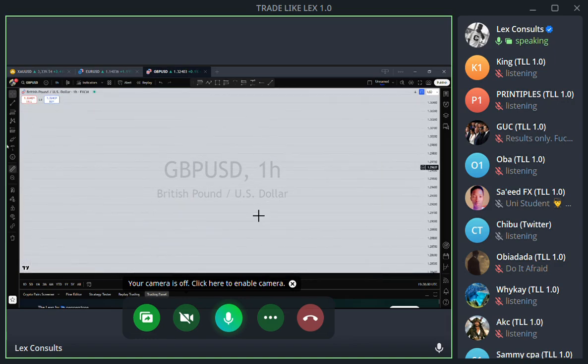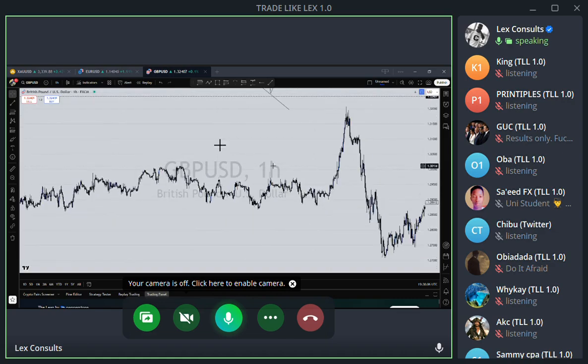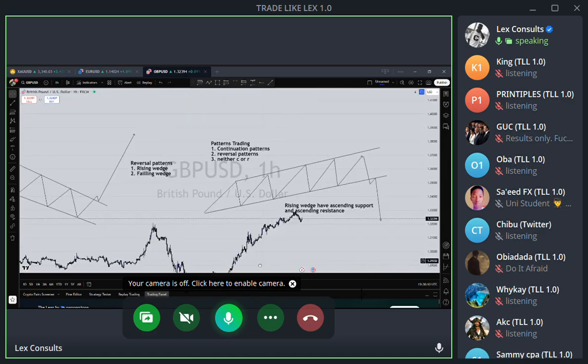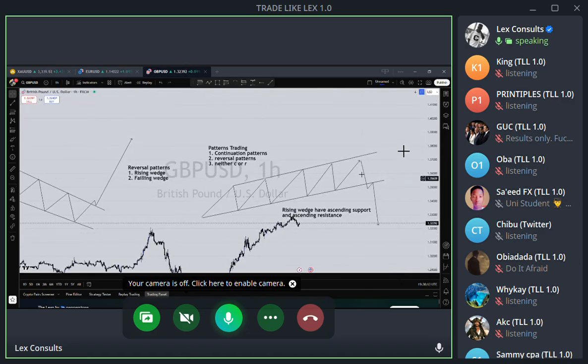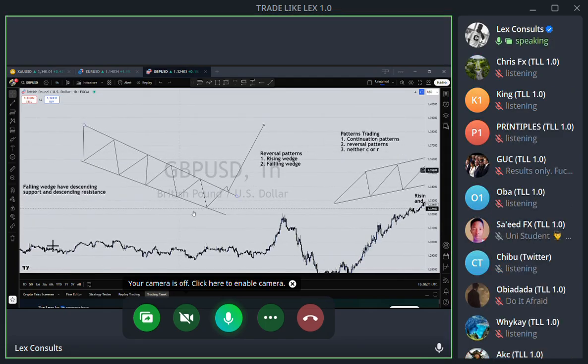But tonight I just wanted to touch that because of the audio that was missing from the last class. I believe we understand this. Wait for price to break, just like this rising wedge. Wait for it to break the support, retest, and then you sell.